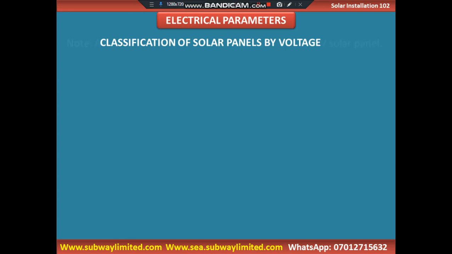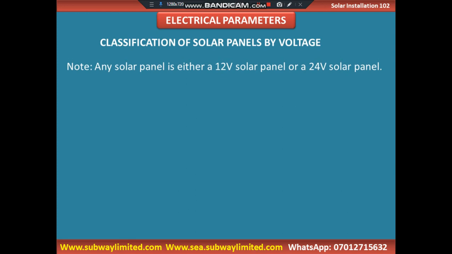We have a 12 volt solar panel and we have a 24 volt solar panel. We don't have a 48 volt solar panel, but we have a 48 volt system. We will get to understand this as we progress.